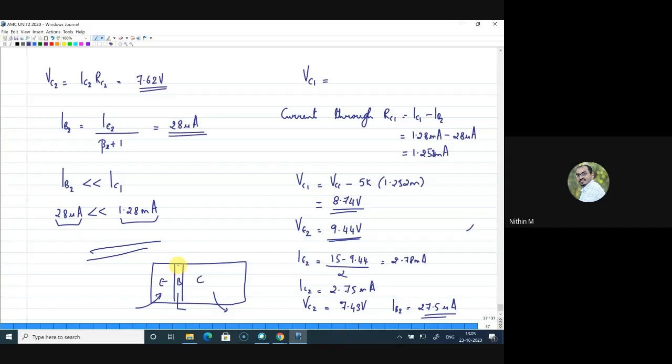The structure is designed in such a way that the base current will always be very small, because of the very lightly doped nature, as well as the structure itself being very thin. So practically, if you look at the values of collector and base current, one will usually come in terms of micro and the other in terms of milli. Is that clear?